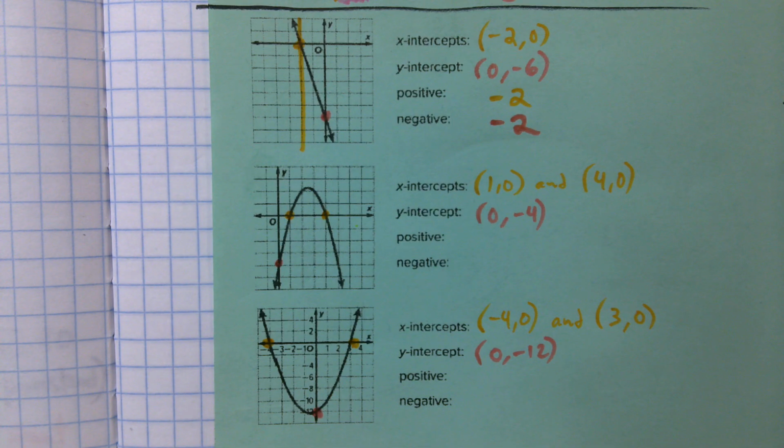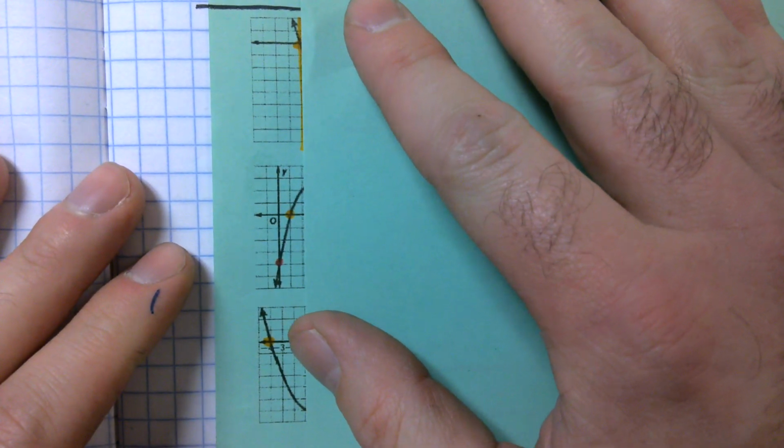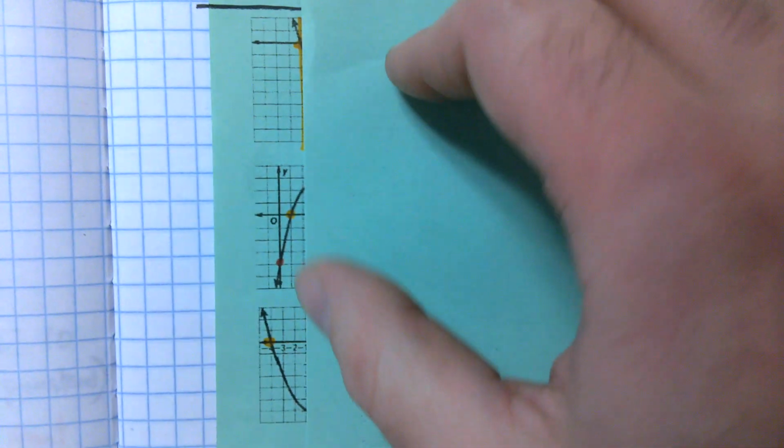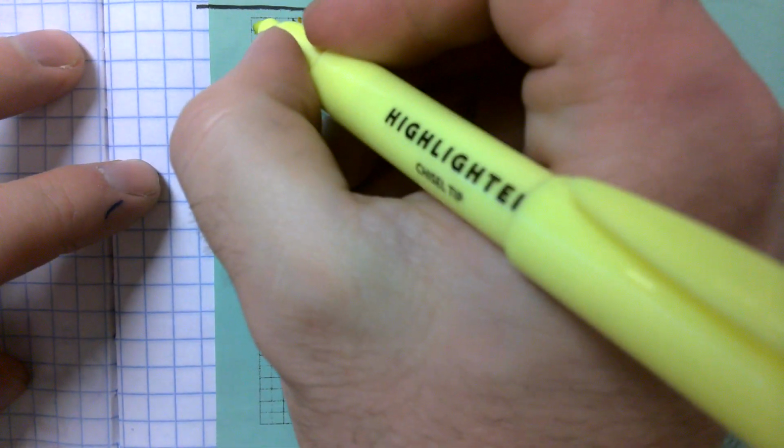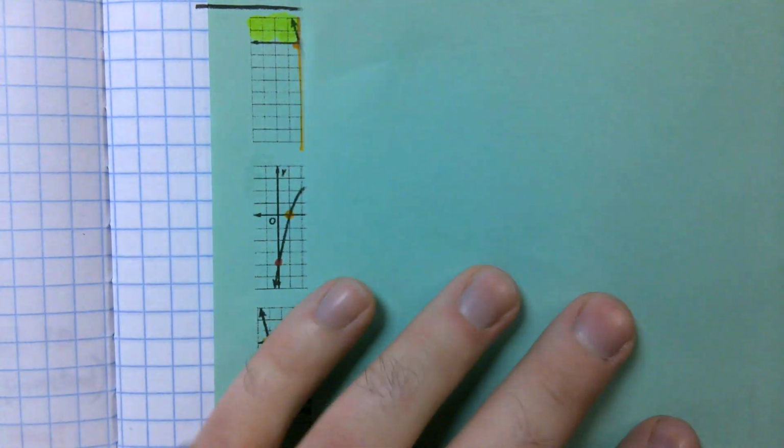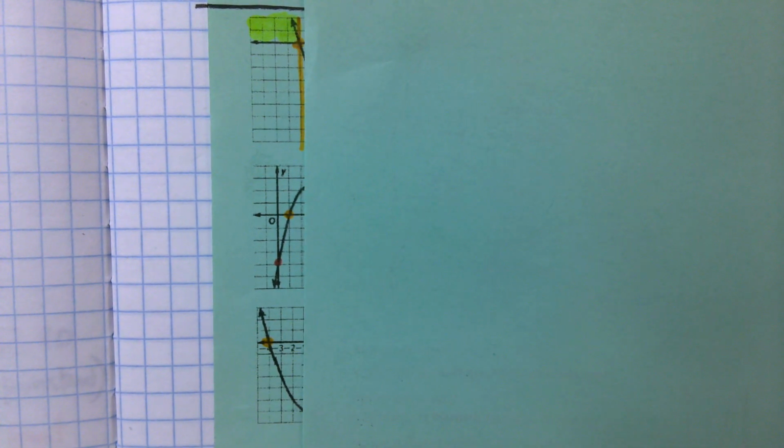So, let's look at the left section of my function first. If I covered this guy up, and I look at my left side of the function, that tiny little arrow there, is that up in the sky or down below the ocean? Up in the sky. Is that positive or negative? Positive. I'm going to highlight that part in yellow.